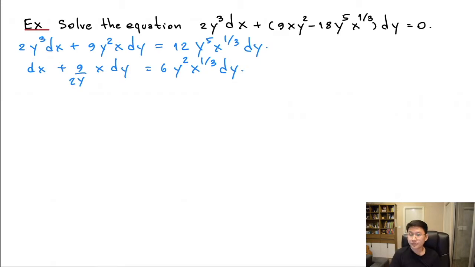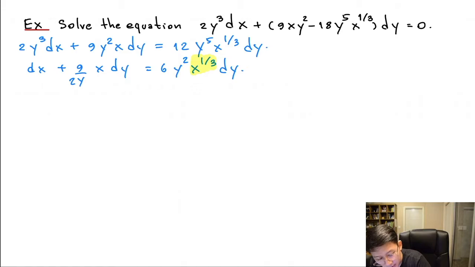Okay, and this is the first guy that we want to eliminate. So I divide the whole equation by x to the power of 1/3, which is the same as to multiply the whole equation by x to the power of minus 1/3, right?